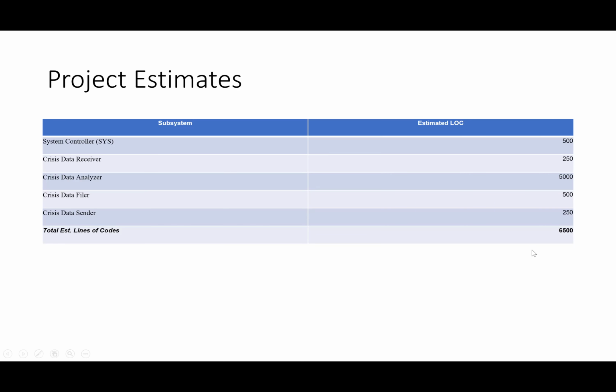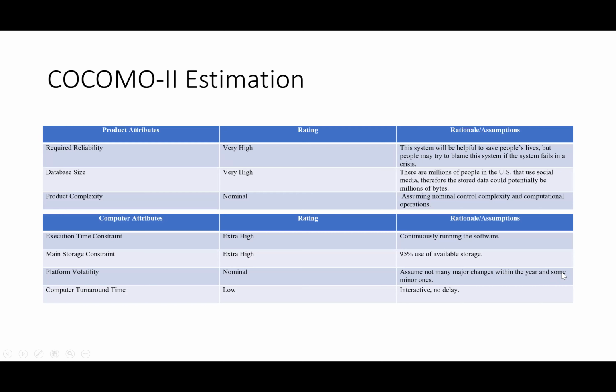So then this will go into the COCOMO estimator, and we'll go over the factors that were decided for this estimation. So the first category, the product attributes: the required reliability was rated very high because the system will be helpful to saving people's lives, but people may try to blame the system if it fails in a crisis.